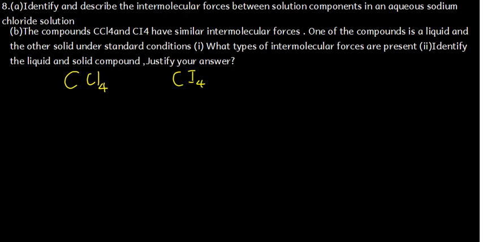One of the compounds is a liquid and the other a solid under standard conditions. Now the first question is, what type of intermolecular forces are present? Well, if we draw Lewis structures for these compounds, you have got a carbon in the middle and then surrounded by chlorines like that. Same way, you've got carbon in the middle surrounded by iodine like that.